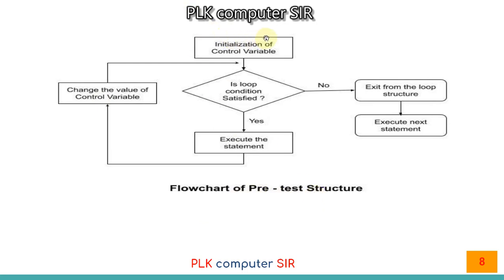My dear students, I already told you, in each loop there will be 3 fundamental components: initialization, condition, then change the value of the control variable. It means increase or decrease the control variable or counter. So in this pre-test structure, at first there will be initialization of the control variable.